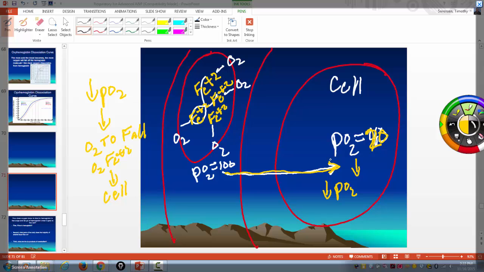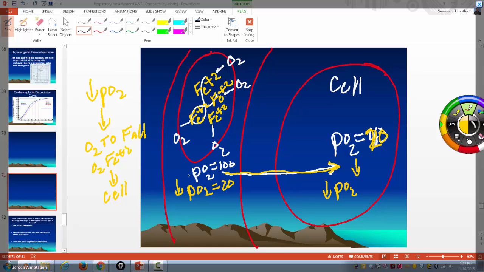And because more oxygen is going into the cell by pressure, that is going to drop the PO2 until it's 20. And the lower the PO2, the more oxygen will fall off the iron on hemoglobin and go into the cell. So as the cell becomes more metabolically active, the PO2 inside the cell drops.